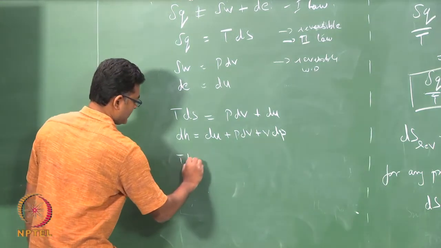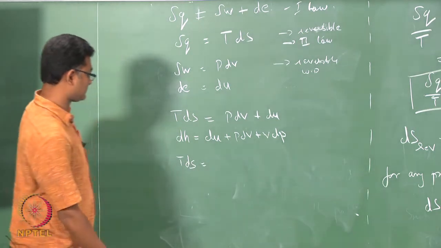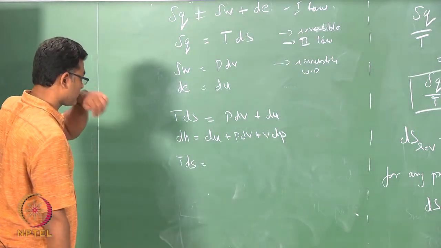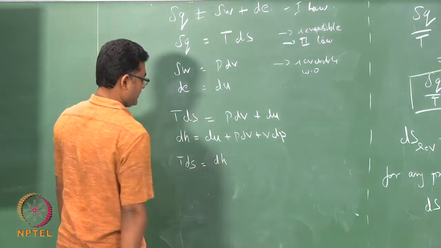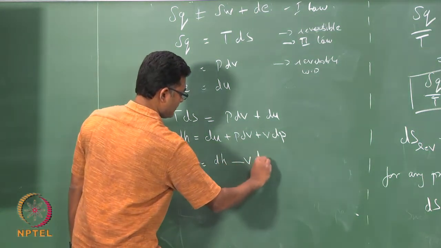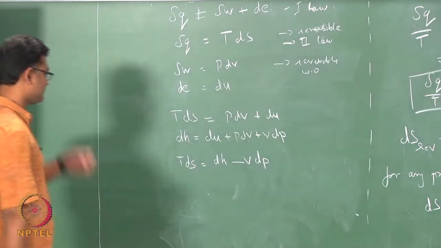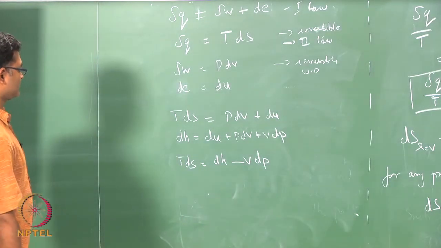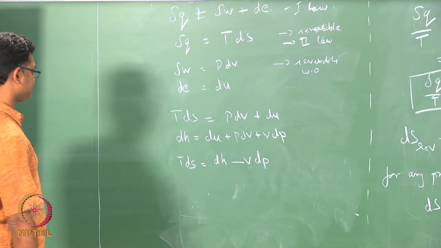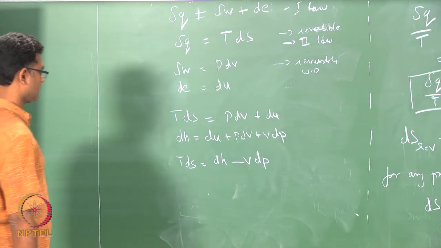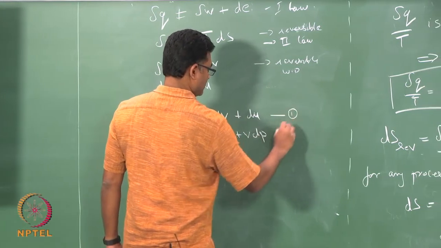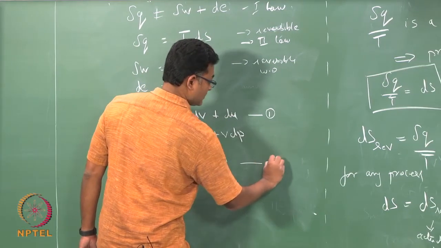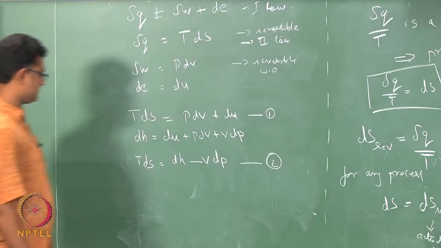I should get TdS as dH minus VdP. So this is equation 1, equation 2.